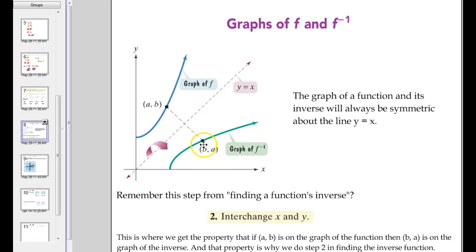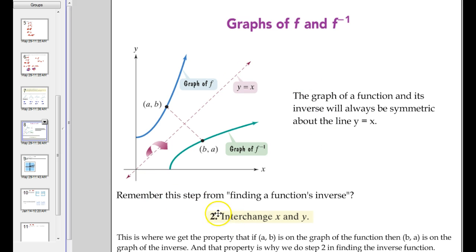They flip over, and that point is on the graph of f inverse. Okay, that always will happen. All right, and from one point to the next, they'll intersect across a 90-degree perpendicular line to y equals x, which is an interesting property.